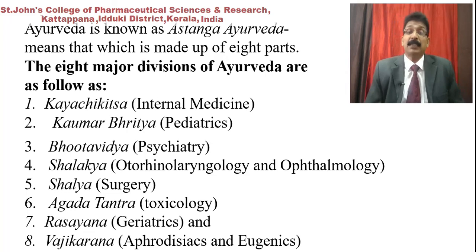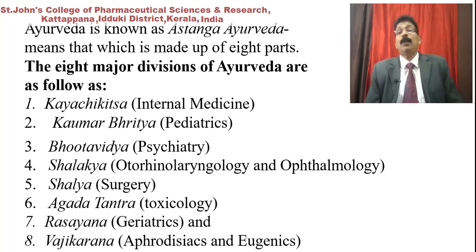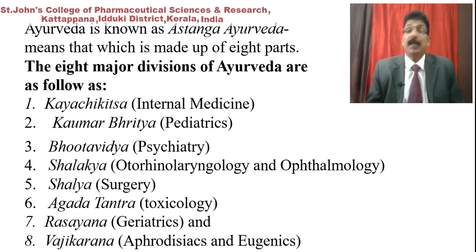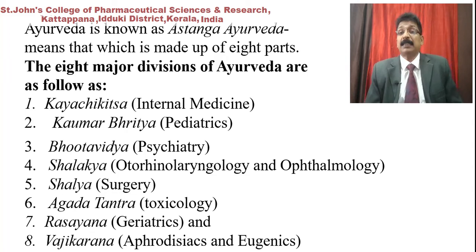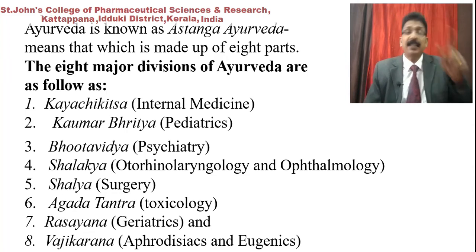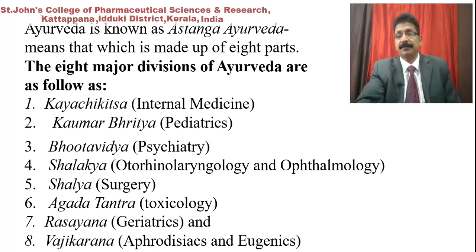Eugenics means the reproductive studies, and how the different types of complications can be solved. These all belong to a branch called Vajikarana.